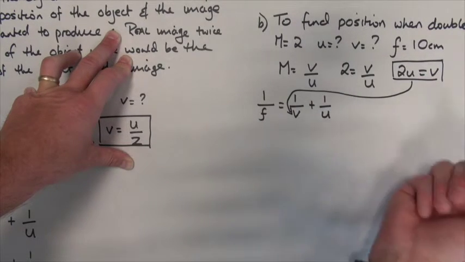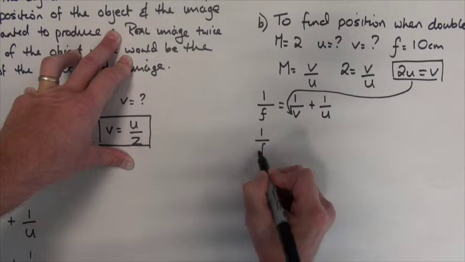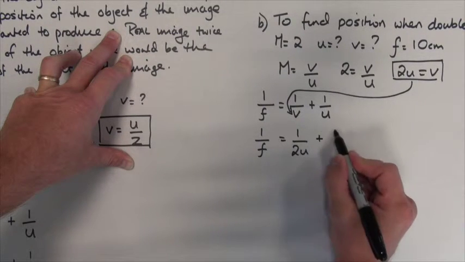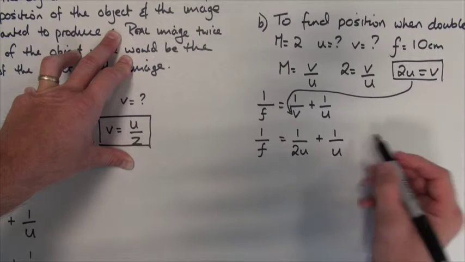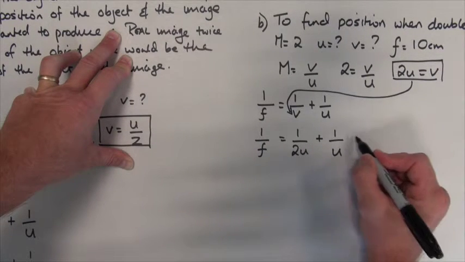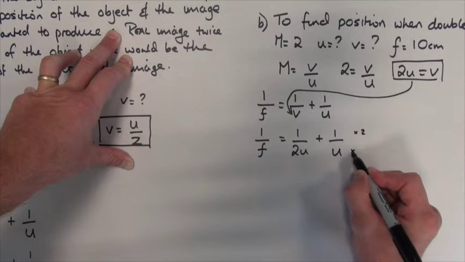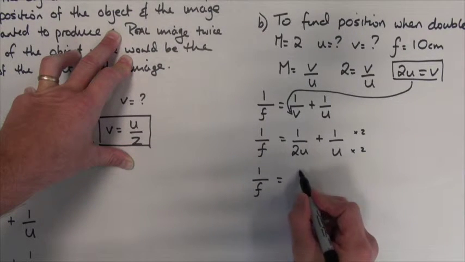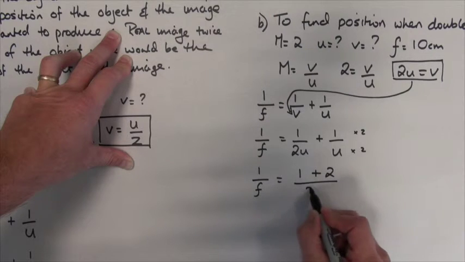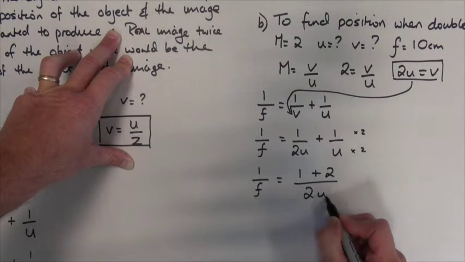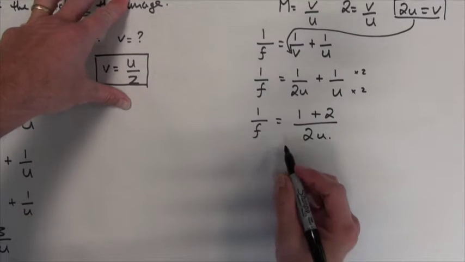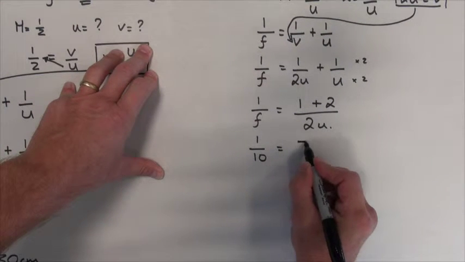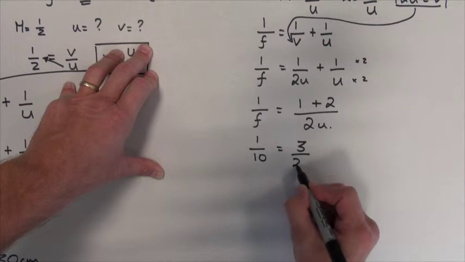I'm going to substitute in for v. So I get 1 over f equals 1 over 2u plus 1 over u. So I make the denominators the same in both the fractions. So I multiply the last fraction by 2. So I get 1 over f equals 1 plus 2 all over 2u. So now I get 1 over 10 equals 3 over 2u.